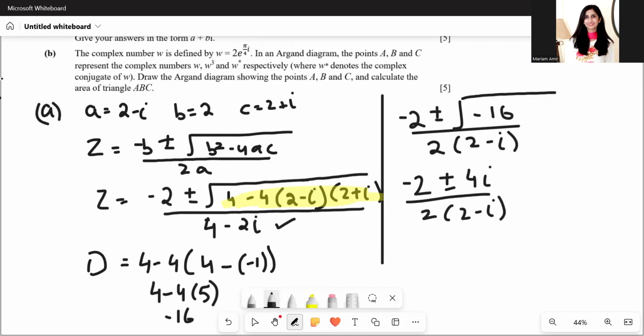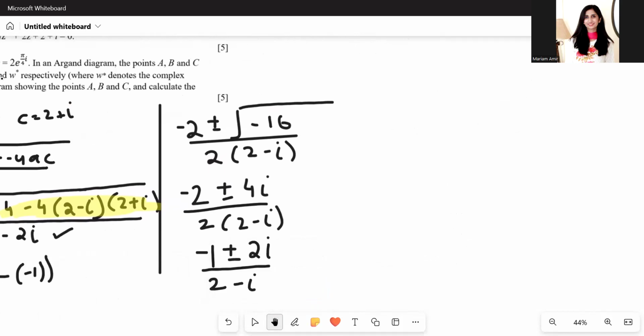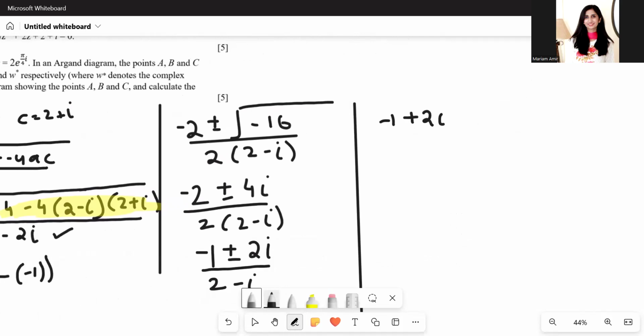So before I simplify this, I'm going to take 2 common in the numerator and cancel it with the 2 in the denominator. So we get this. Now I'm going to write the 2 roots separately and then rationalize. Minus 1 plus 2 iota, and the denominator is 2 minus iota.